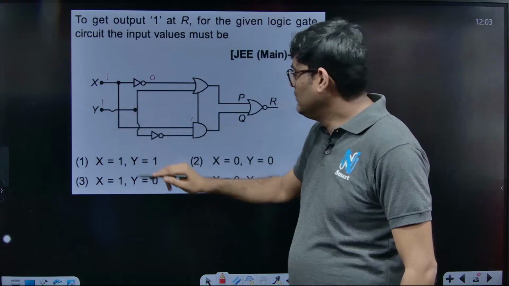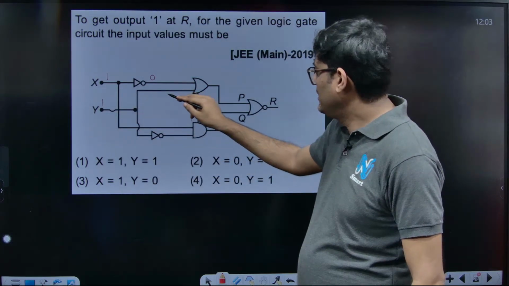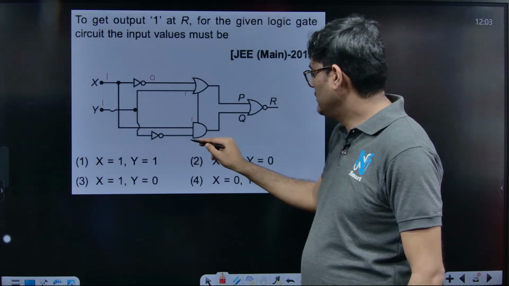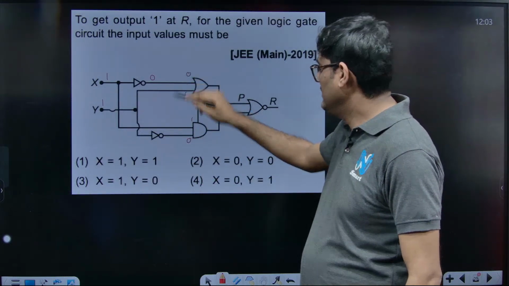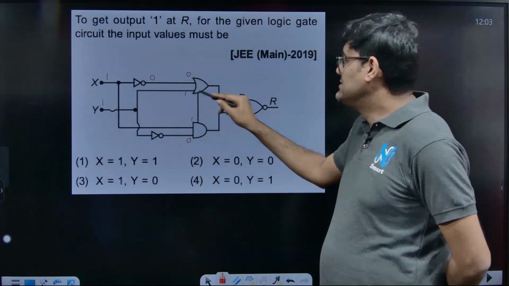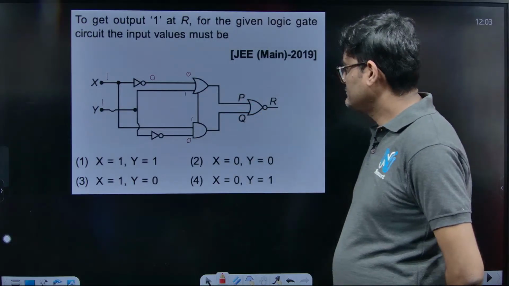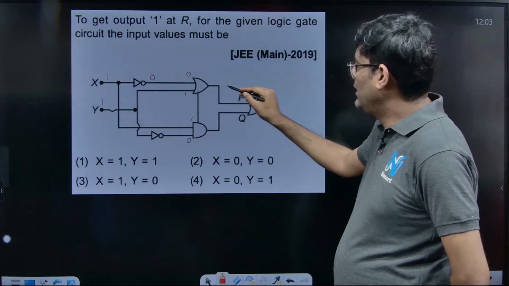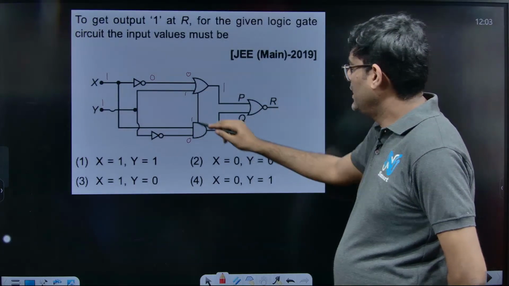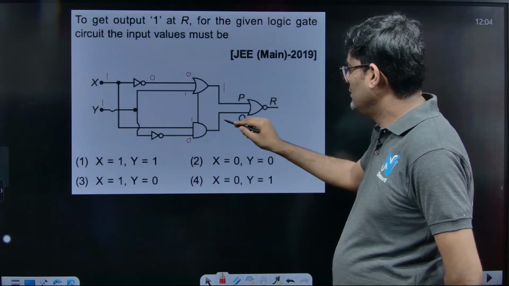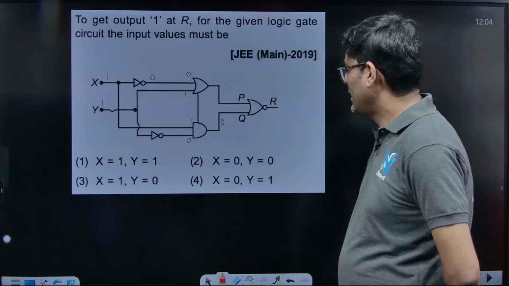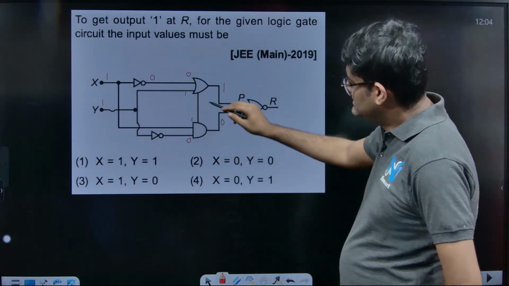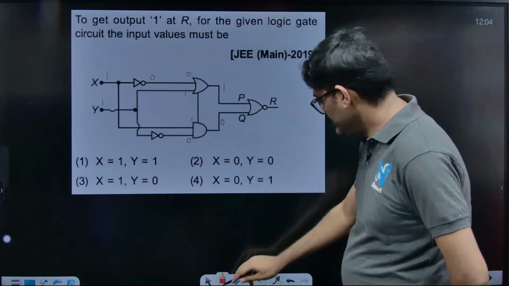If Y is also 1, I will get 1 here and I will get 0 here, right? So you can see this is 0 or 1. This is 0 or 1. I think 0 or 1 is 1 and 1 and 0 is 0, right? So P and Q, I have got 1 and 0. I think this line does not make any sense.